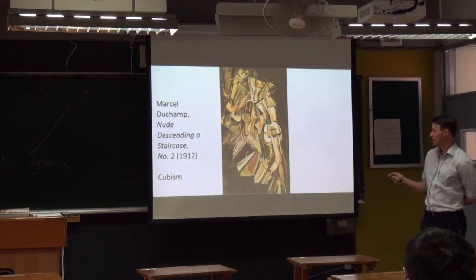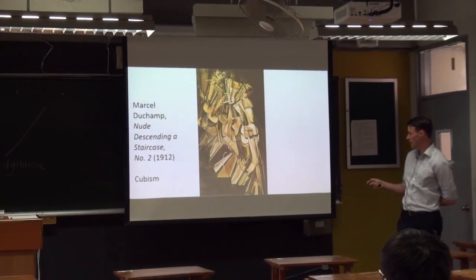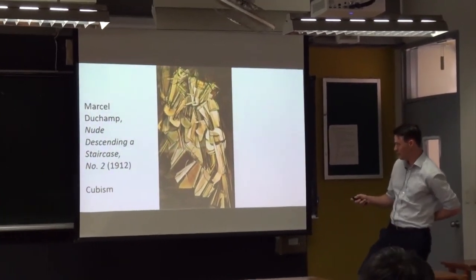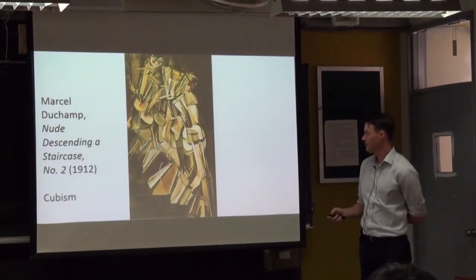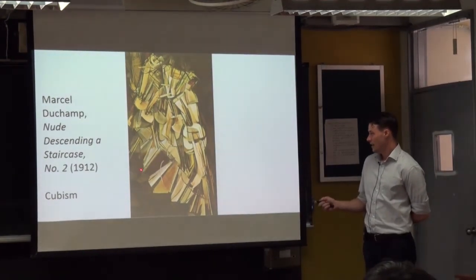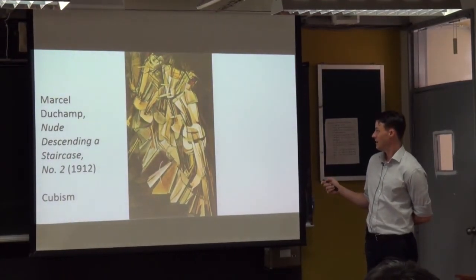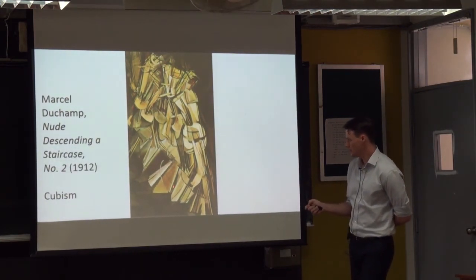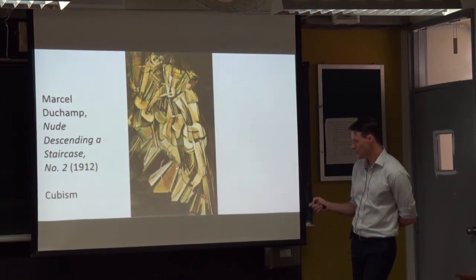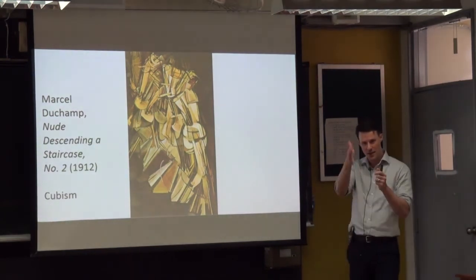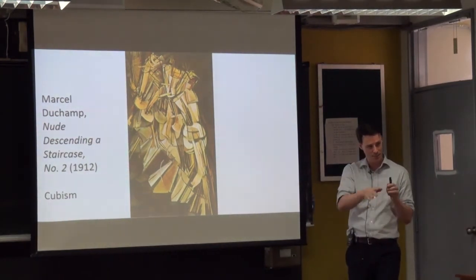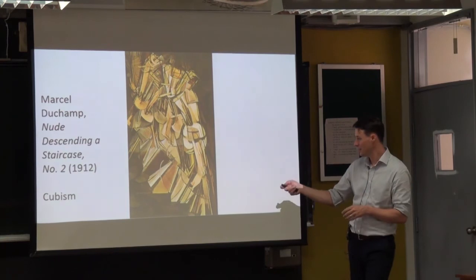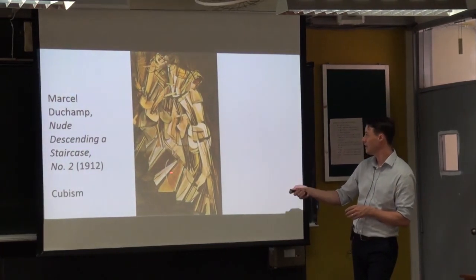First they're up here, and then they move down a little bit more. Their leg is moving back and forth, right? Walking down the stairs. Also, you can see this is cubist because it's very blocky and sharp lines. Okay.